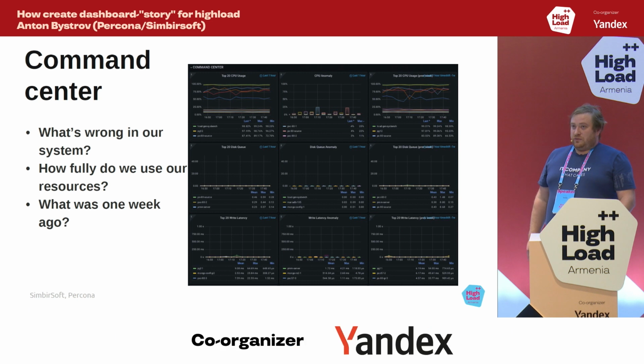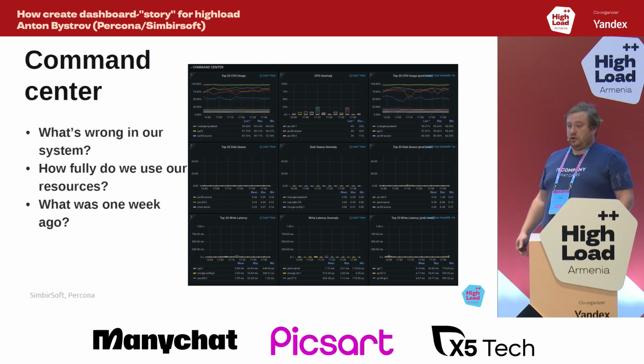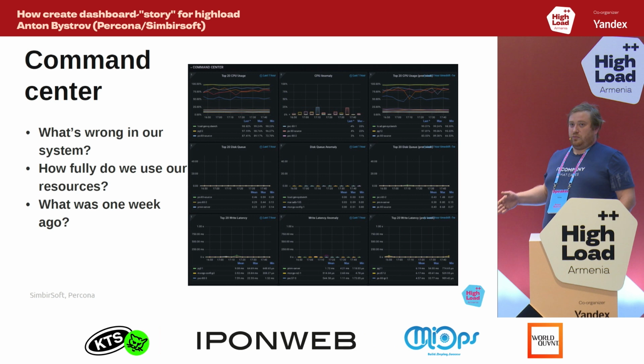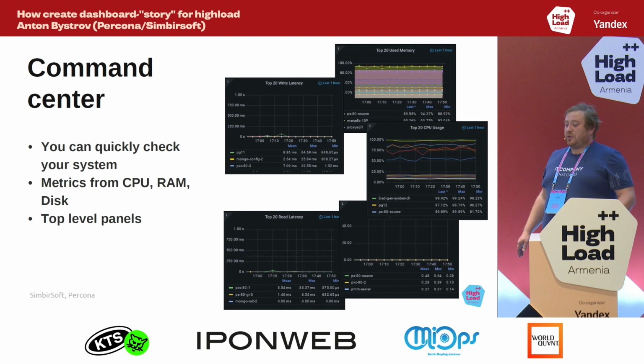And the next main row is the command center. Here we can check more information, more metrics, at a more detailed level about all our hardware metrics, about CPU, memory, disk input-output operations, compare them with the previous week, and check what happened in the previous week to understand how many more or fewer resources we have in comparison with the previous week.